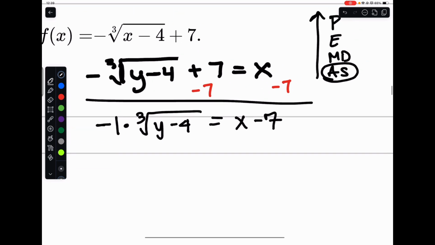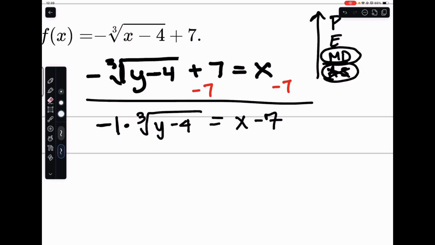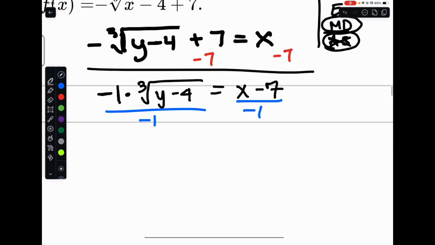Now from here, we got done with this. Now we need to look for any multiplication or division on the outside, and we do. We have the multiplication of -1 outside right here in front of this radical. So we're going to now divide everything by -1.